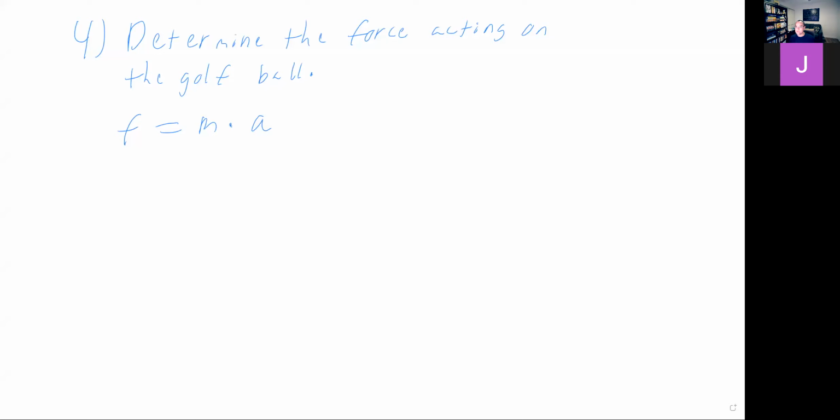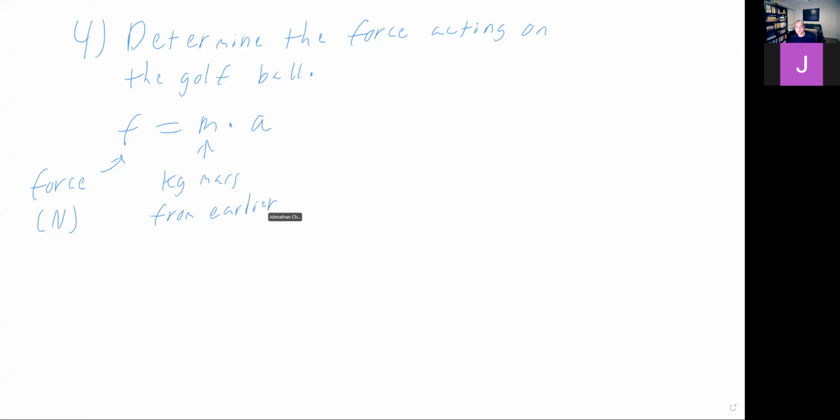Okay, so next we're going to determine the force that's acting on the golf ball. And we know from Newton's law that F equals ma. Okay, so what's going on here? So this is our force that we're trying to calculate. And the units that we're going to get are newtons. The mass, this is going to be the kilogram mass from earlier.